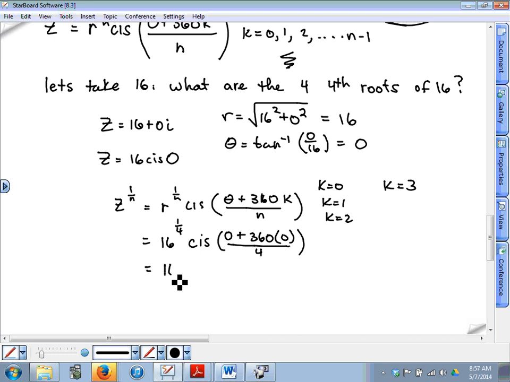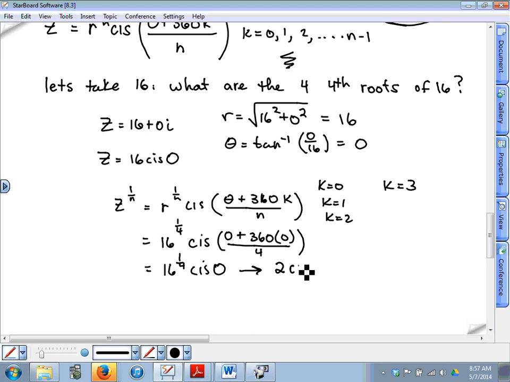So this turns out to be 16 to the 1/4 times the CIS of 0. 16 to the 1/4 would be considered the primary 4th root. What's the primary 4th root of 16? 2, positive 2.